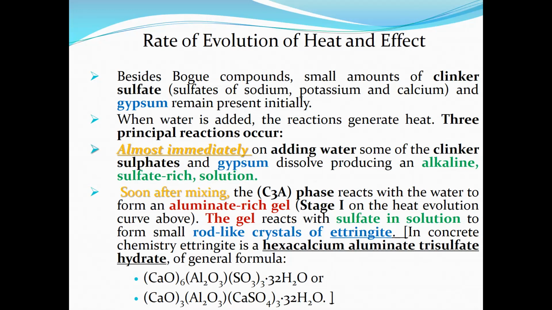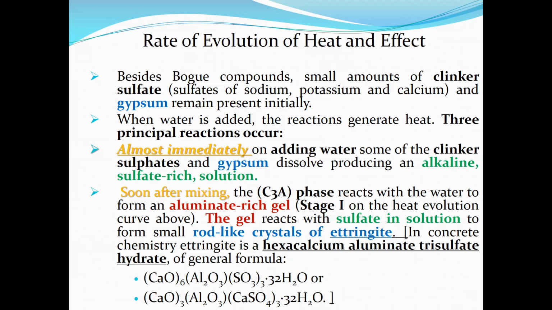When water is added, the reaction takes place, it generates heat. At that time, 3 principal reactions occur. Almost immediately after adding water, some of the clinker sulfate and gypsum dissolve. So they produce an alkaline sulfate-rich solution. So that's the first job.